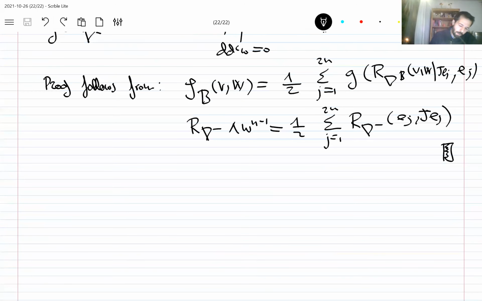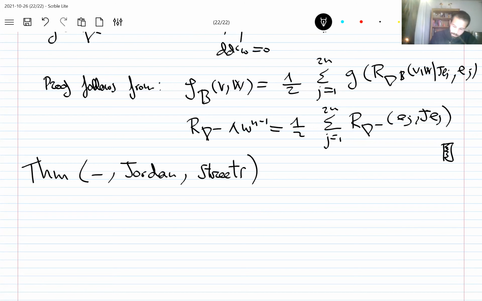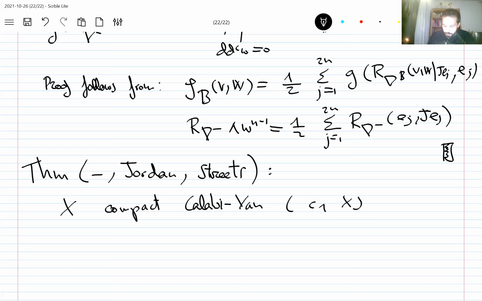So from this, we can now prove this theorem, which is essentially what I started with at the beginning. Theorem, joint with Jordan and Streets. So X is compact and Calabi-Yau, meaning that the first Chern class of X is 0.